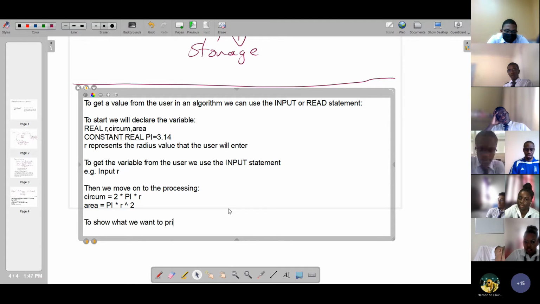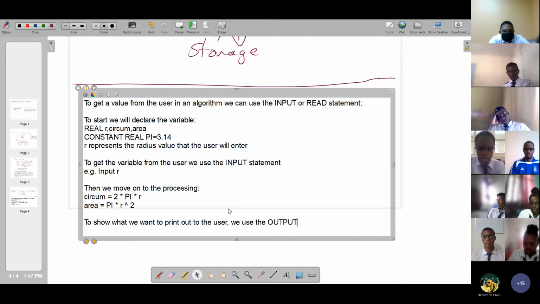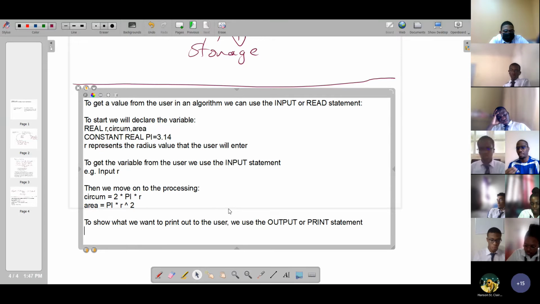And then the last thing that we do is to show what we want to print out to the user.